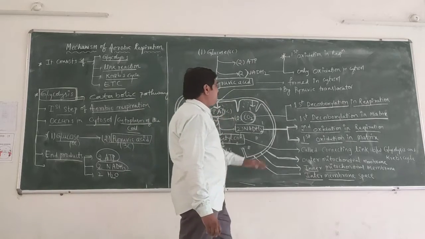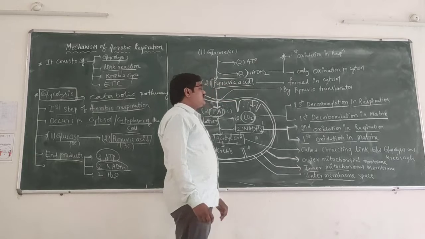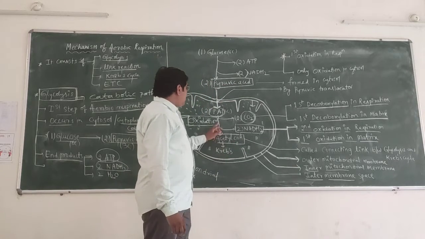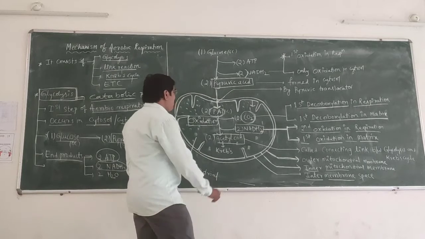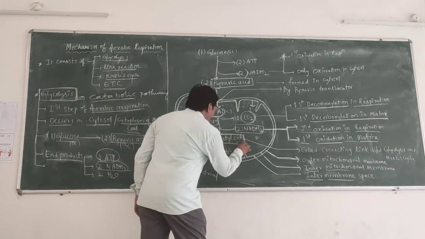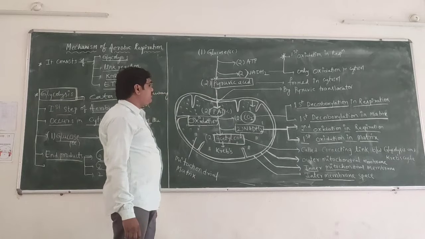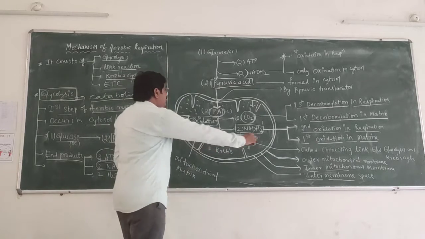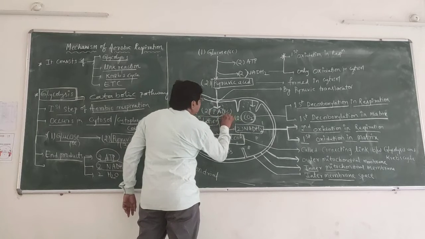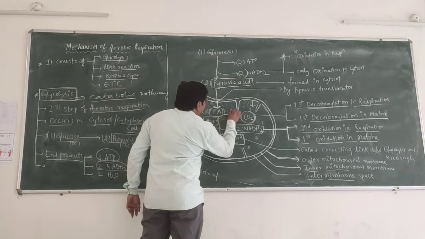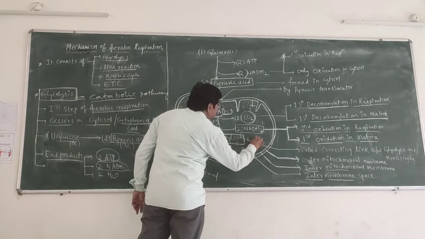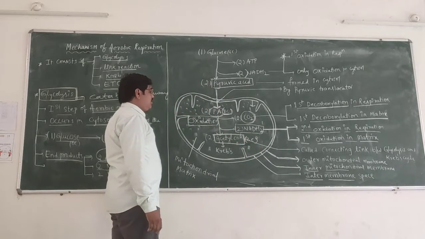This type of question is asked in competitive exams from the link reaction. What is the end product of the link reaction? Two molecules of acetyl-CoA. Pyruvic acid is a 3-carbon compound, and acetyl-CoA is a 2-carbon compound.